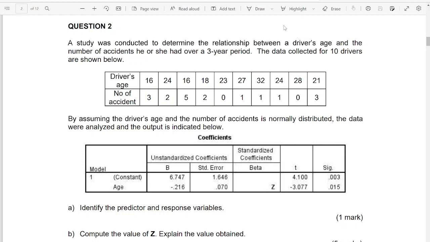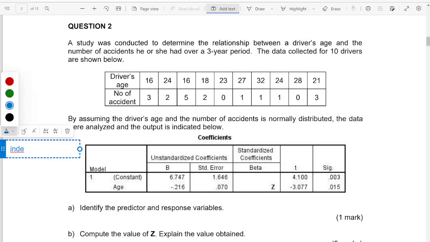So in terms of variable names, we have the independent variable, or sometimes also called the predictor, or sometimes also called the exogenous.